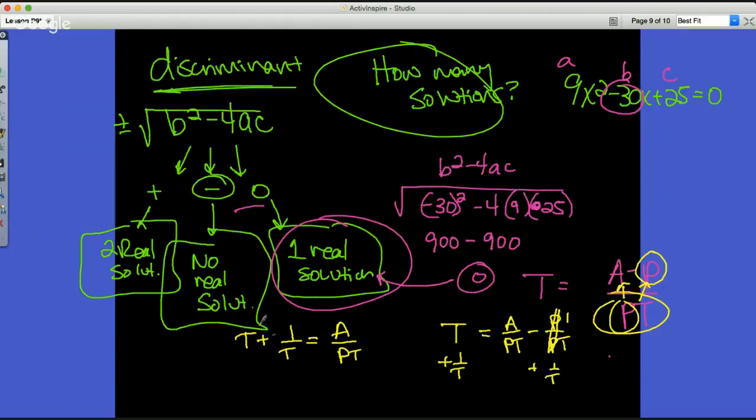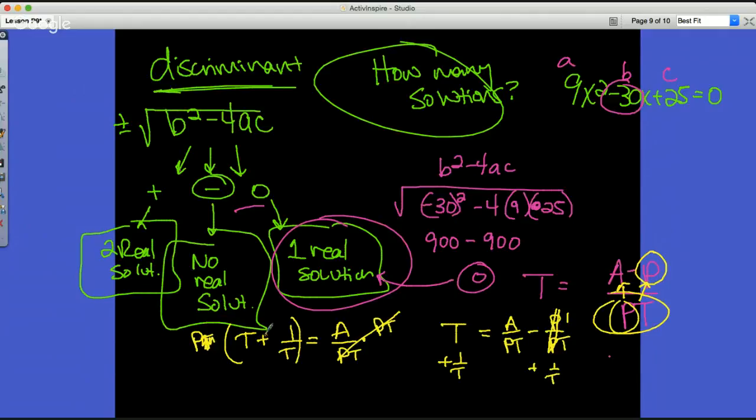Now, I could try to get a common denominator, but right now I'm not going to really worry about that. What I'm interested in is trying to get this P out of the bottom. So I'm going to multiply by PT on both sides because when I do, I note that it cancels out there. So what I have now is A equals PT times T plus 1 over T. Now, since the T is being distributed across, I'm going to leave the P outside because I want it by itself, and we're going to get to that in a second.